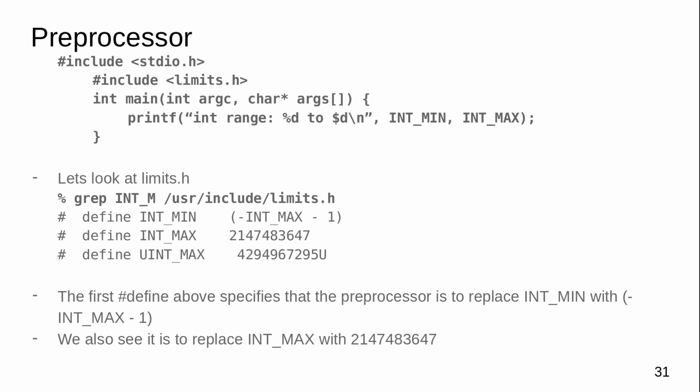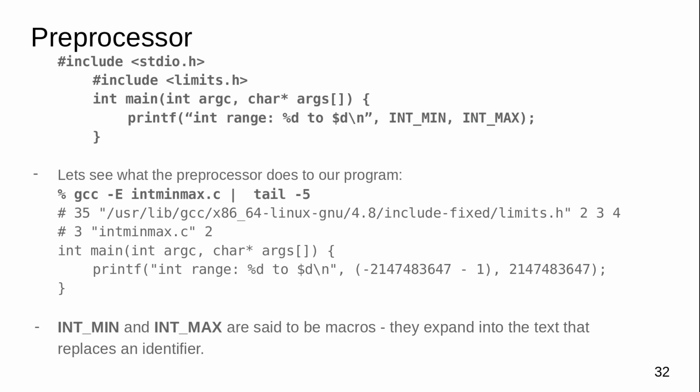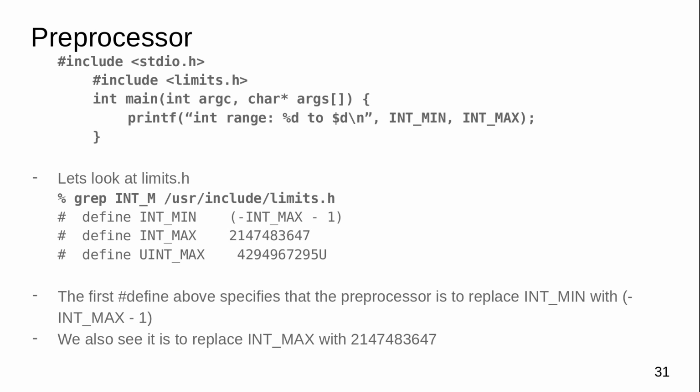Kind of a side note, does anybody know what UINT_MAX is as opposed to INT_MAX? Does anybody know the difference between a normal integer and an unsigned integer? Okay, good. Good that we brought this up then. A normal integer can be either a negative number or a positive number, right?